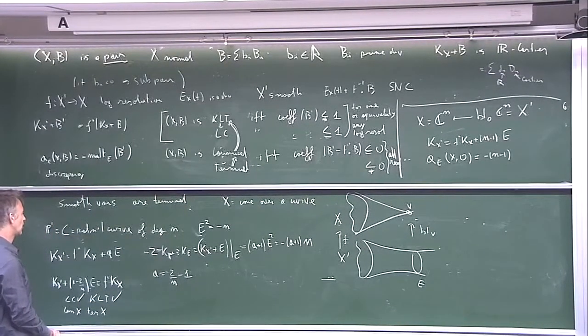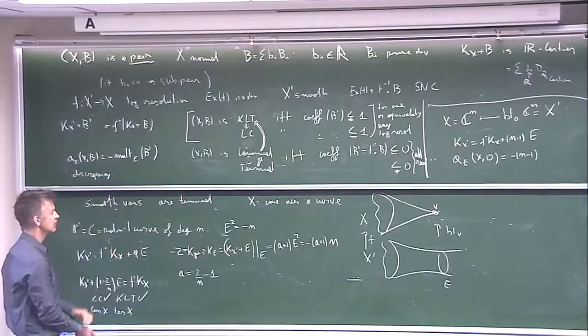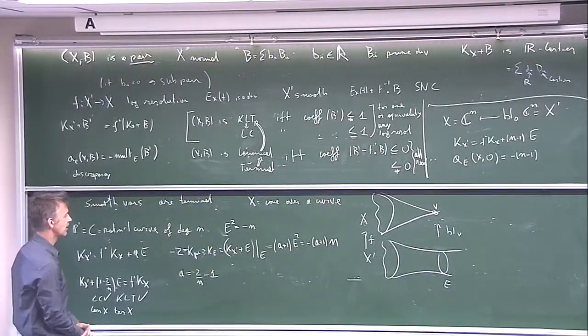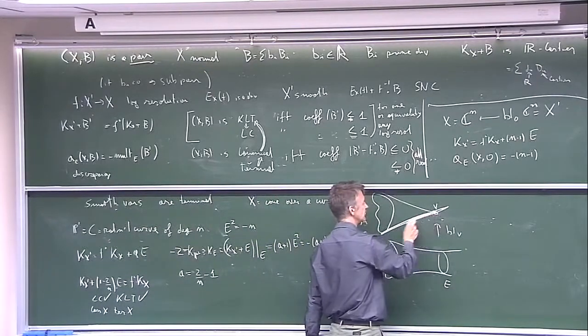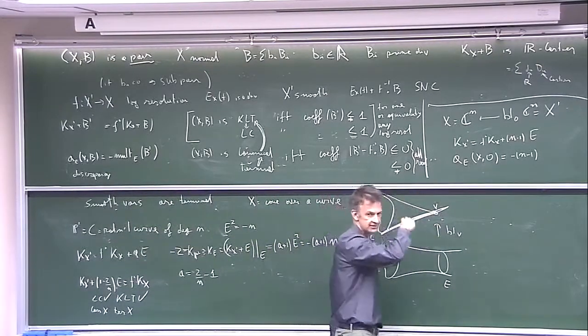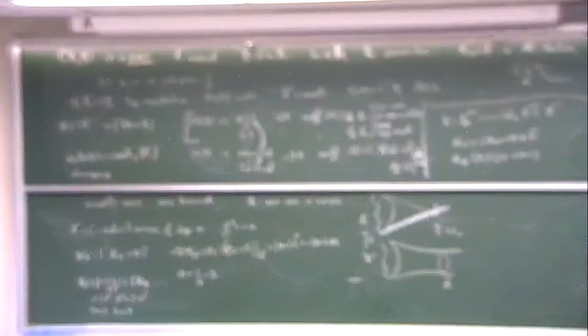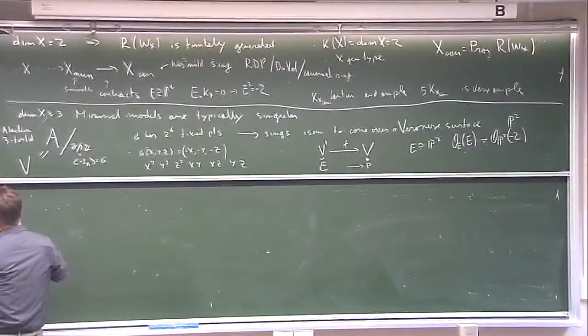Okay, so here we have one interesting class of examples. I just wanted to compute for you what adjunction does for a smooth divisor on a singular surface, because we'll certainly need something like that later on.